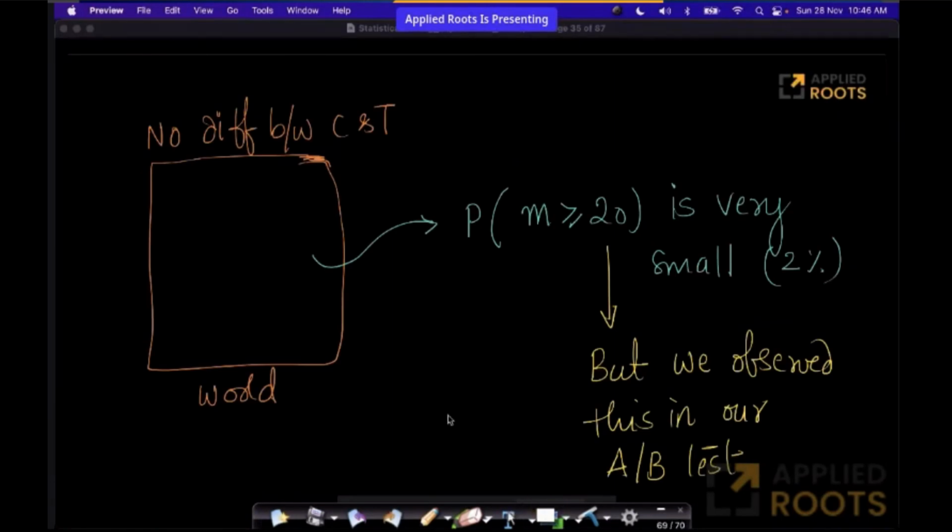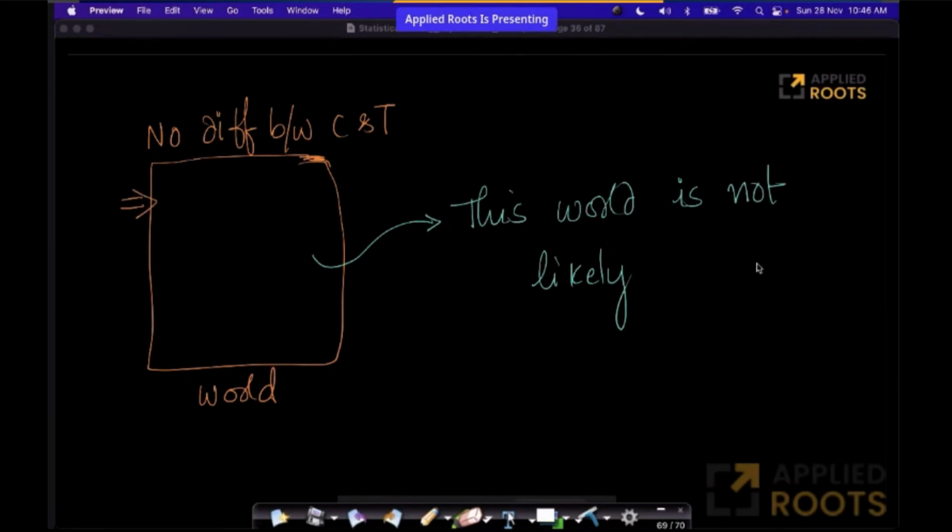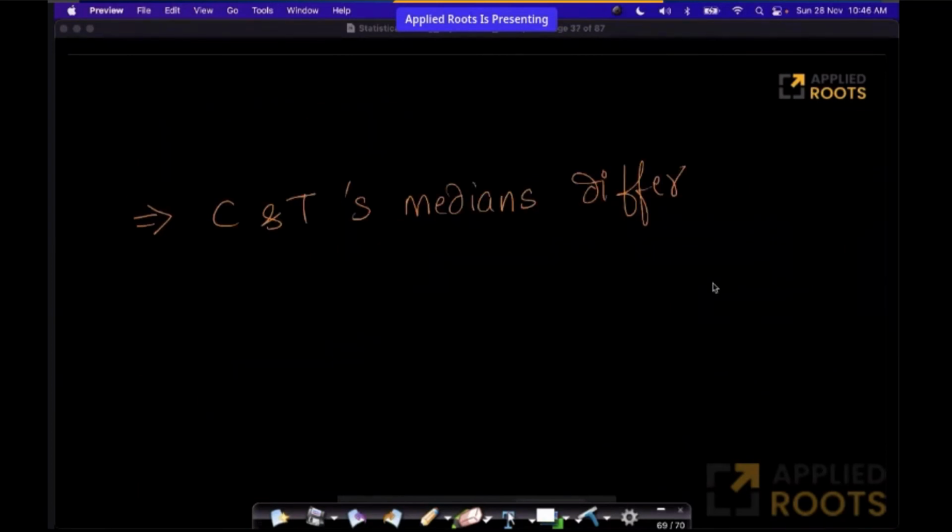So now what we'll say here is that this world is less likely to be true because this probability is so small. So we will conclude that there is some difference in the medians of XC and XT. This is the conclusion. We are only saying that they're not the same. There is some difference. They're not one and the same. And of course, your empirical data says so, because what have you observed here?